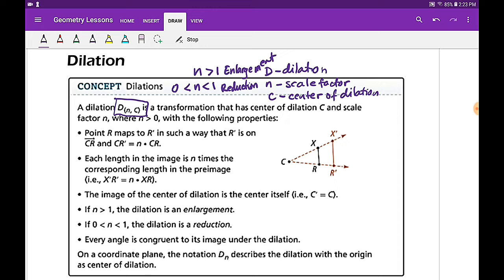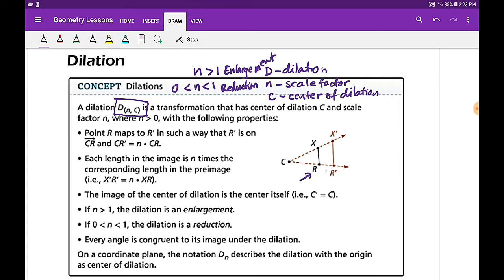Now, what's the center? The center is where everything starts to go smaller or go bigger. The image either is getting closer to the center or getting farther away from the center, depending on the scale factor. Now, in this figure right here, point R maps to R prime. Another notation that you need to pay attention to, the prime symbol right there. This is the apostrophe.